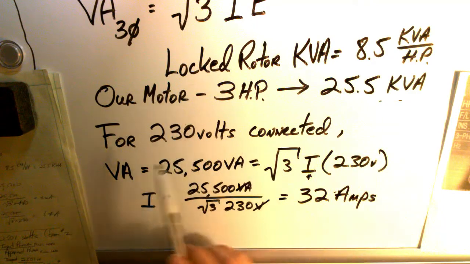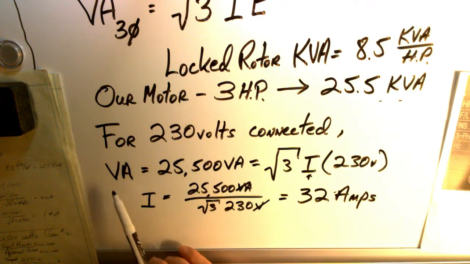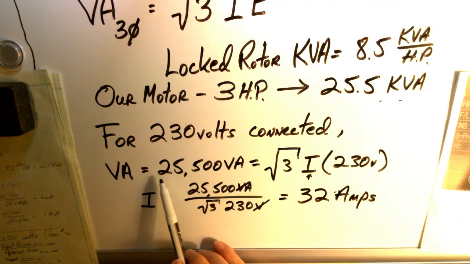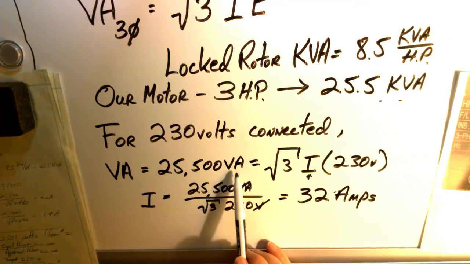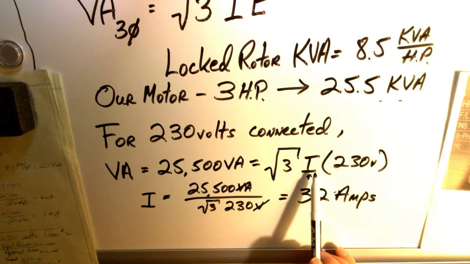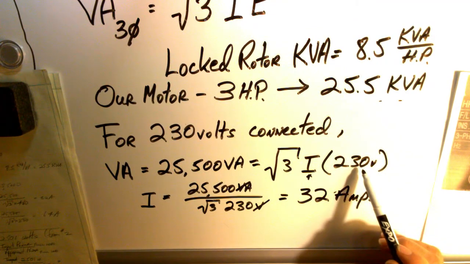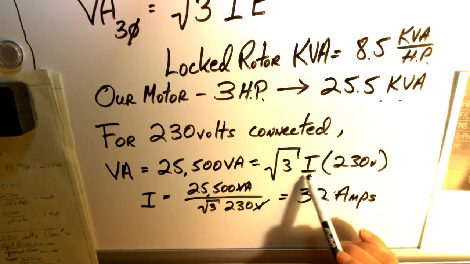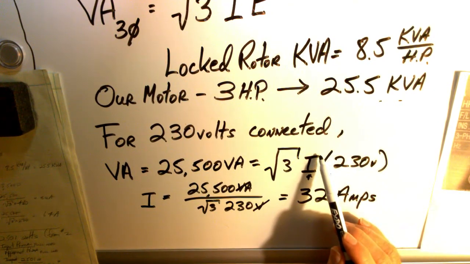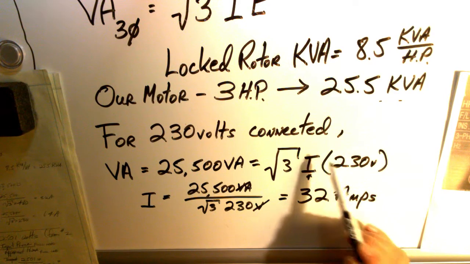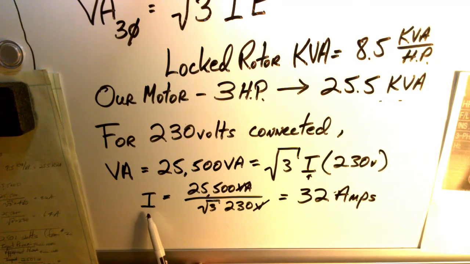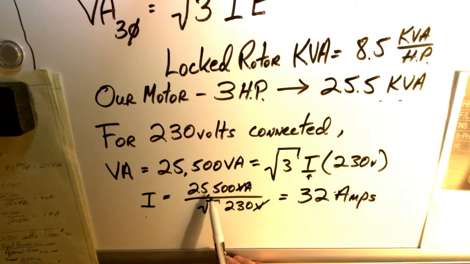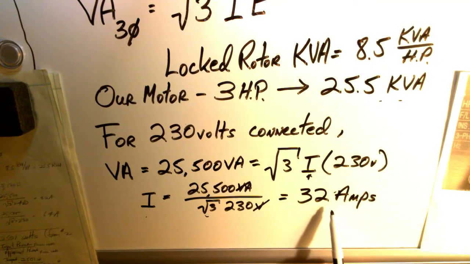So for 230 volts connected, the voltamperes from our chart is 25,500 voltamperes, and that is equal to the apparent power equation of three-phase. The unknown in that is the current, and that's what we're looking for. We want to know how much current is being pulled by the motor when its rotor has been seized. We transpose the equation and come out with I equal to 25,500 divided by the square root of 3 multiplied by 230, and that gives me 32 amps.